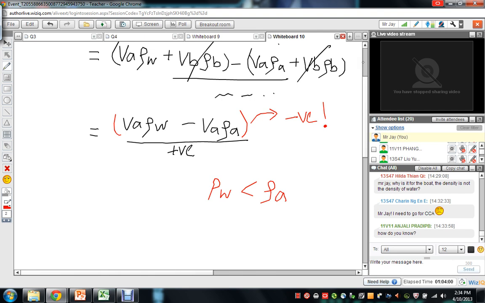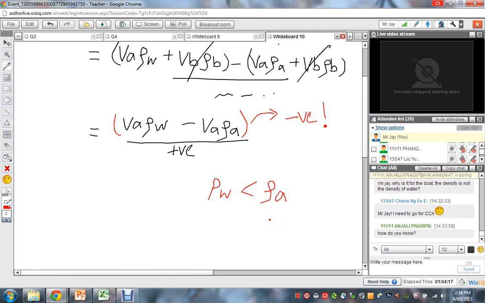Anjali, how do I know that it's negative? Density of water greater or density of anchor greater? I mean, assuming an anchor is made of metal and water is made of water. Right? So density of water must definitely be less than density of the anchor. So the numerator must be negative.